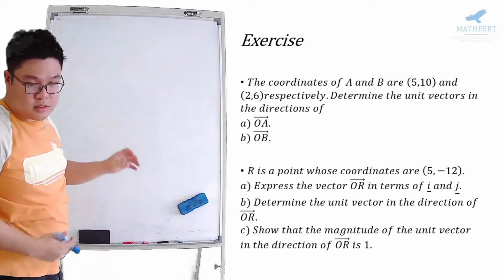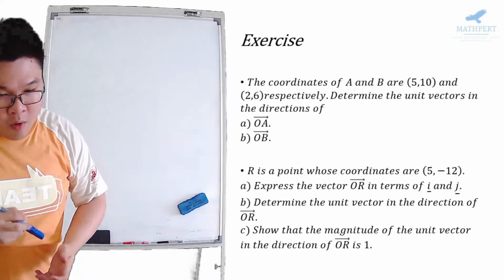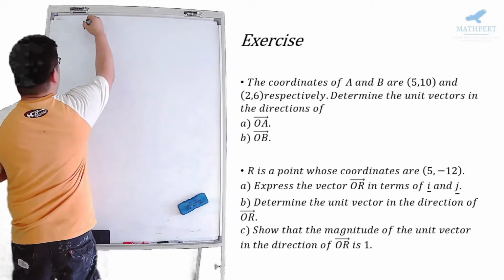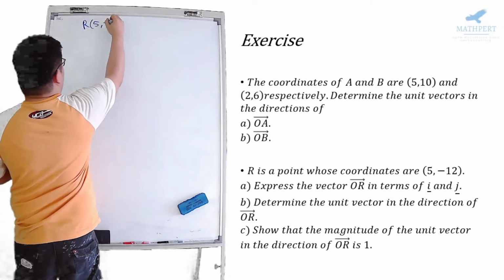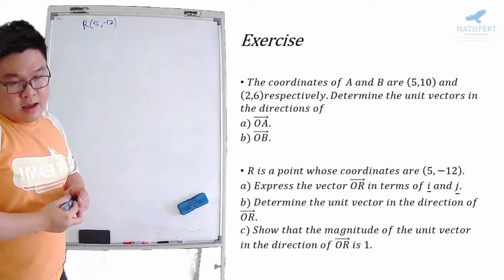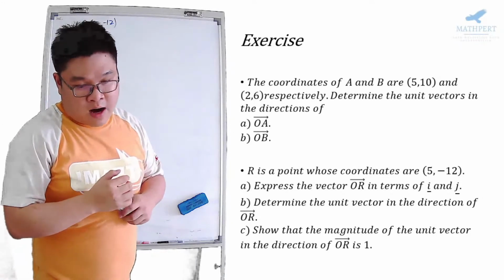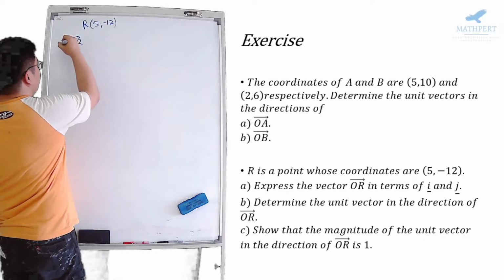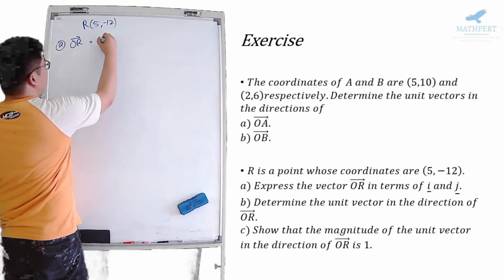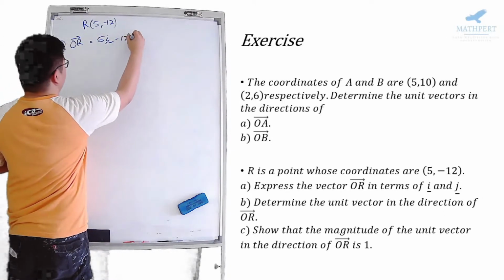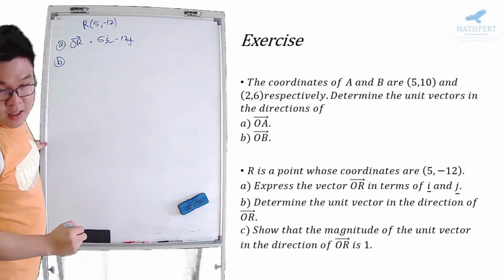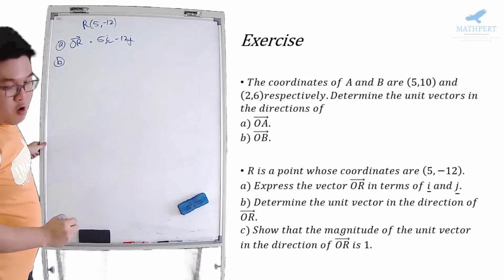Next question. R is a point whose coordinates are 5 and negative 12. Express the vector OR in terms of i and j. So OR is equal to 5i minus 12j. B. Determine the unit vector in the direction of OR.